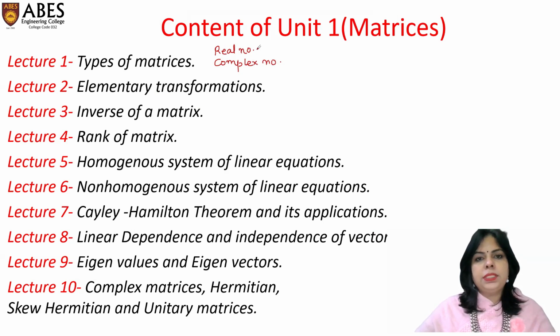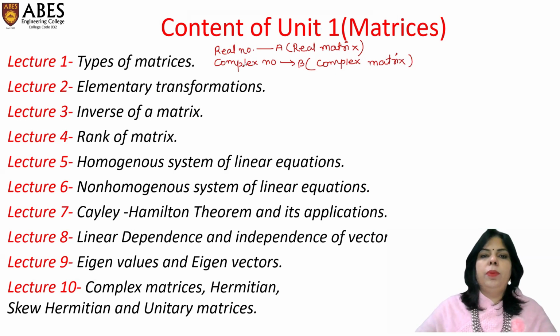So a matrix having real numbers is called a real matrix, and a matrix having complex numbers is called a complex matrix. So we have two types of matrices here, real matrix and complex matrix.